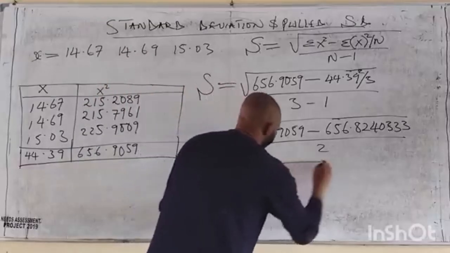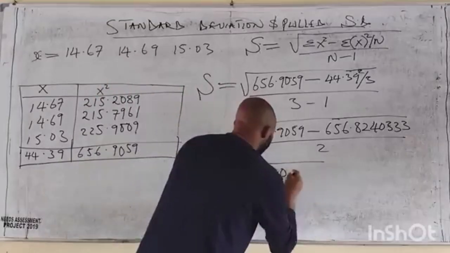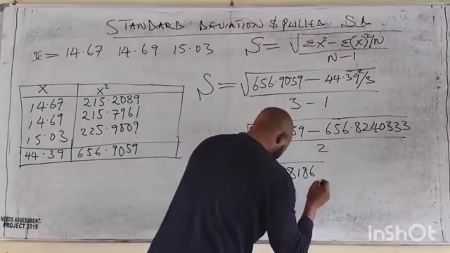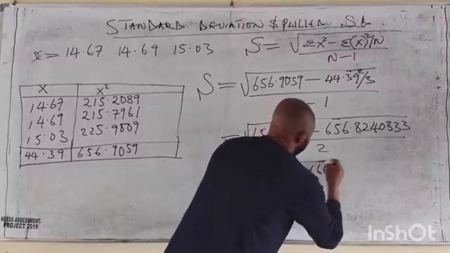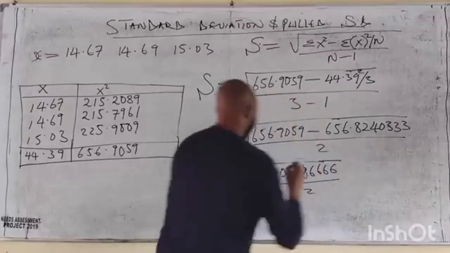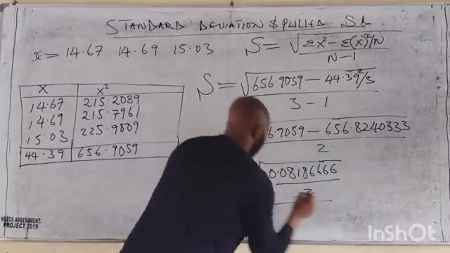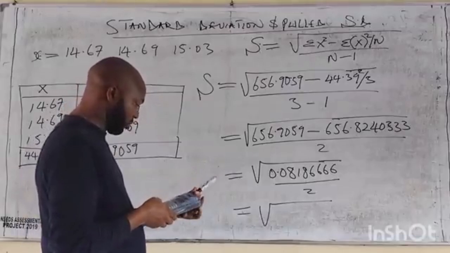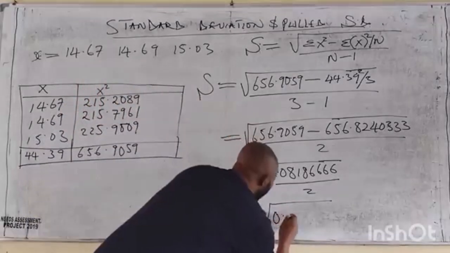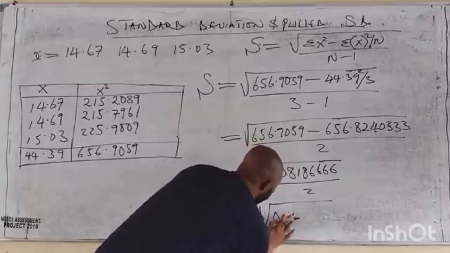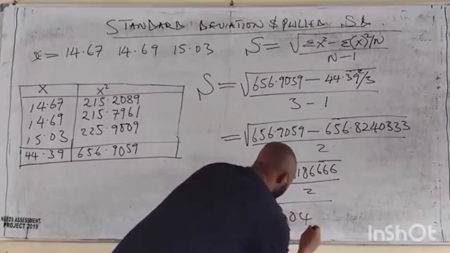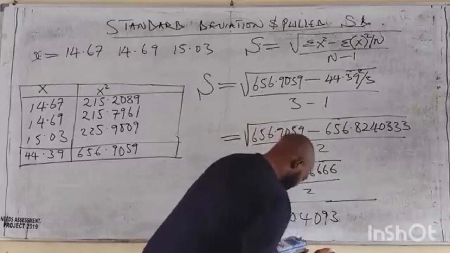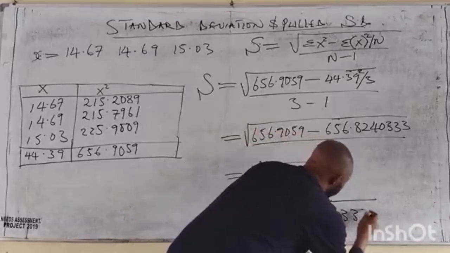I have 0.08186 over 2, and this is equal to 0.04093.